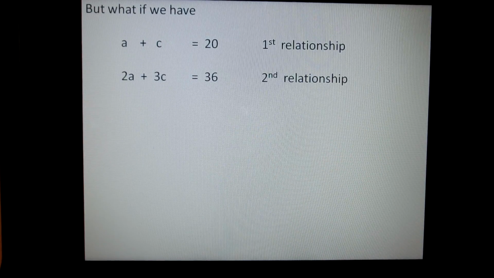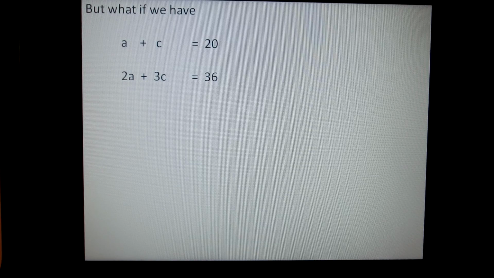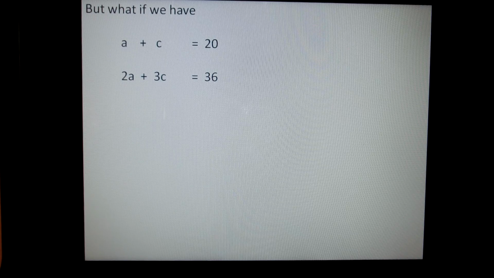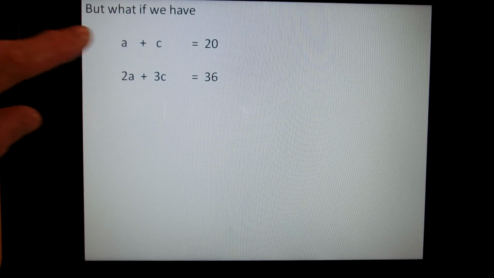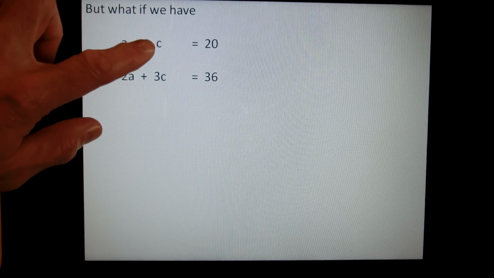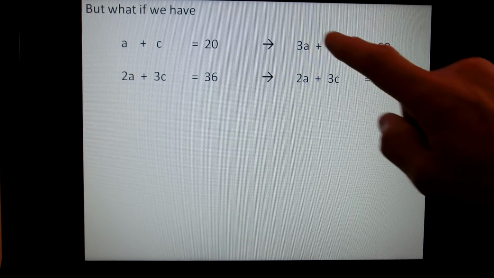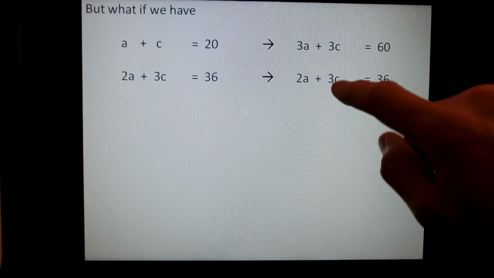So if we go back to the problem we had a couple of minutes ago, what I'm going to do, if we want to compare these 2 relationships, at the moment, there's nothing alike. In maths, generally, if you want to compare things, they have to be alike in some way. The number of adult tickets is different, and the number of child tickets is different. So what I've done here is, I've done something to make the number of child tickets alike.